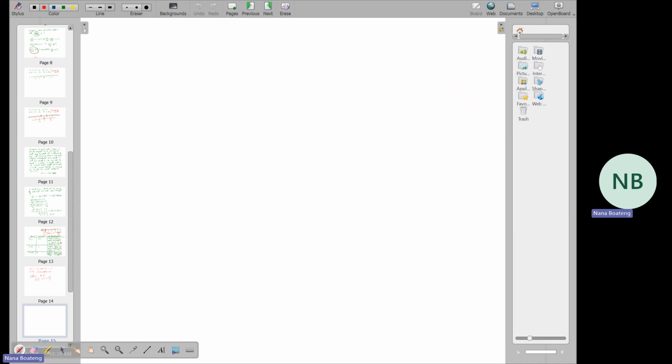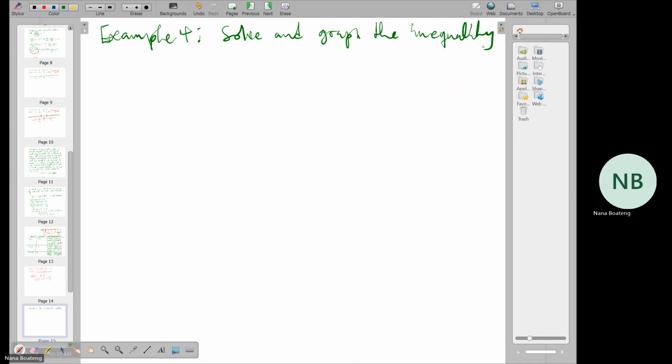Example 4 says, solve and graph the inequality set on a real number line.